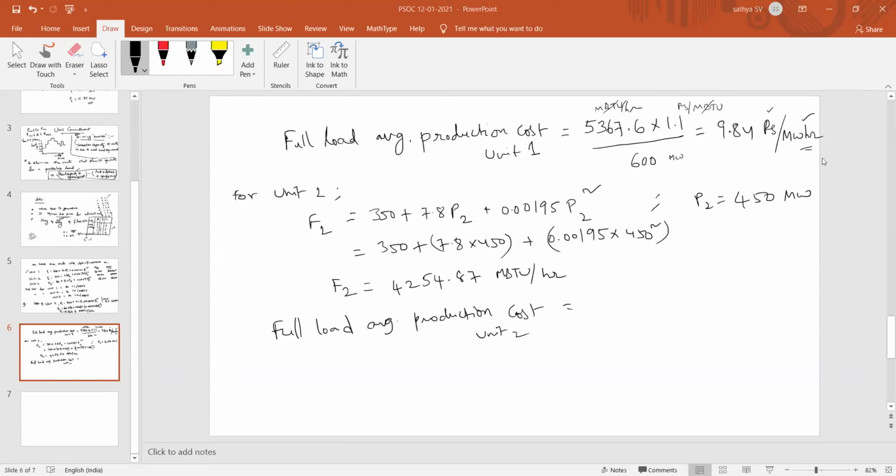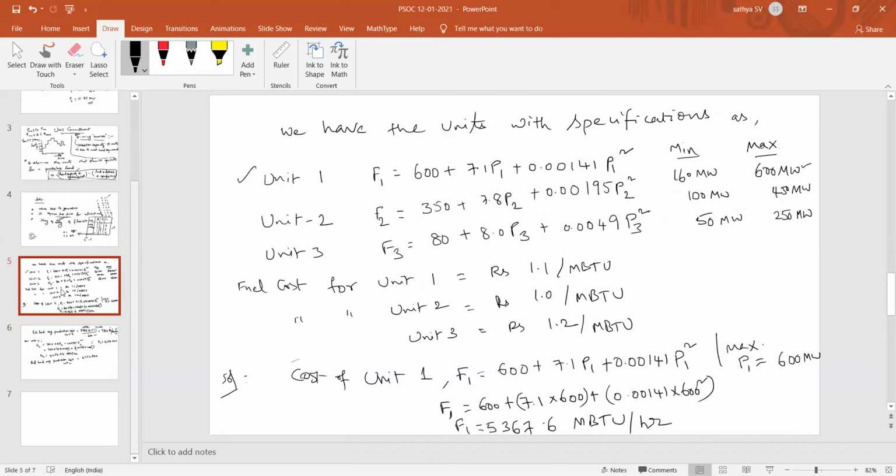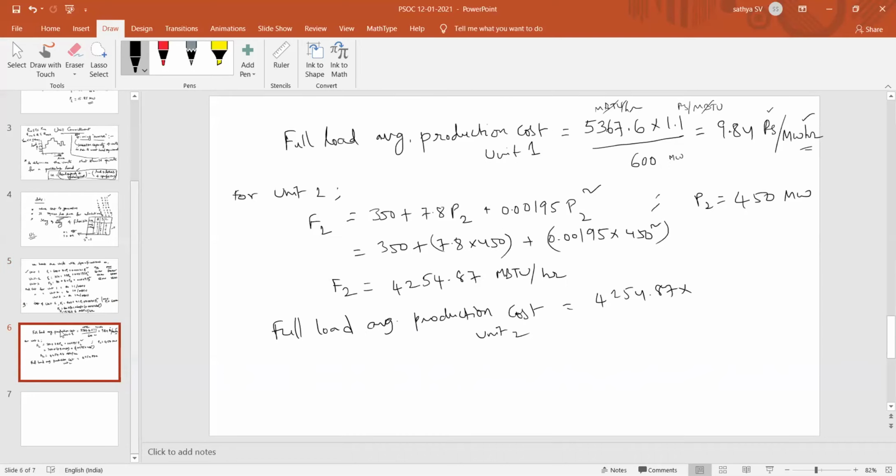Now the full load average production cost is 4254.87 into what is the fuel cost they mentioned? Just 1. So 1 divided by your maximum megawatt, 450. So now what is the answer for full load average production cost for unit 2?